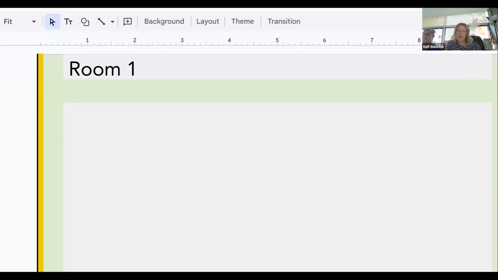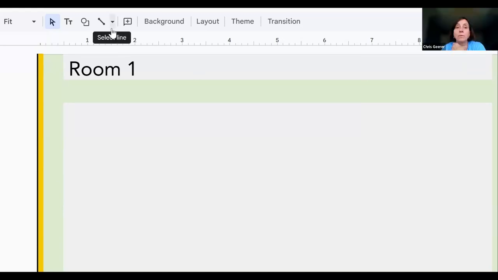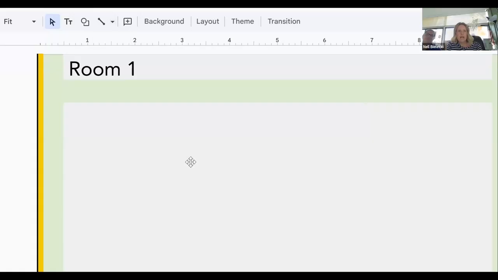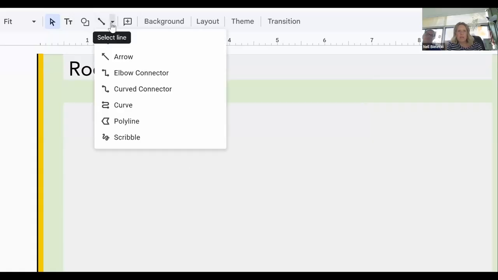Are there any questions or anything I can clarify before we break out into our rooms? We want to just remind them what they have available to make this model in slides. Yes, you definitely can use any of the drawing tools. You can cut and paste things from Google.